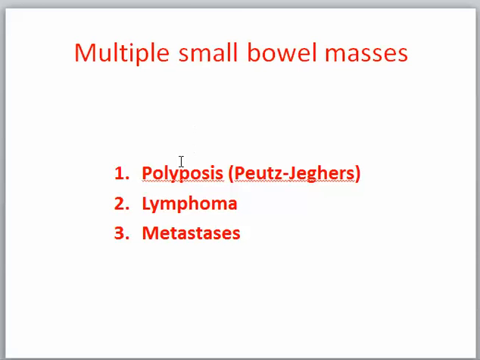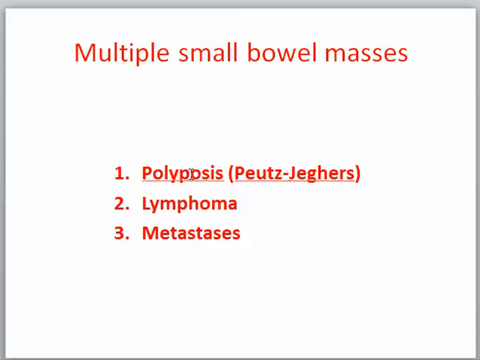So we have mucosa, submucosa, and serosa. Polyps, lymphoma, and metastasis. So multiple small bowel masses are either due to polyps from the mucosal outline, lymphoma in the submucosa, Peyer's patches, and metastasis usually subserosal.